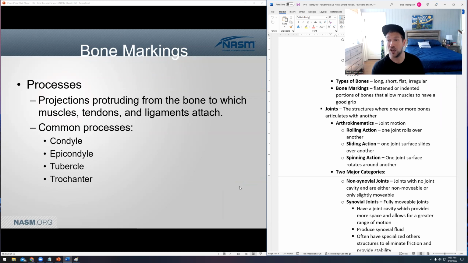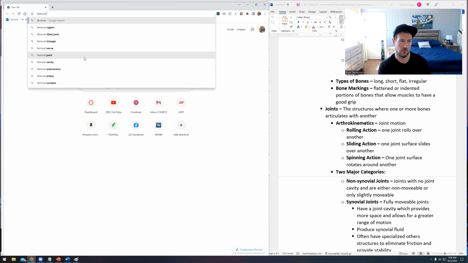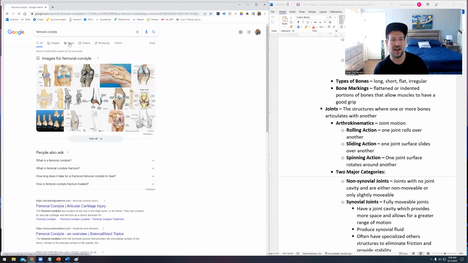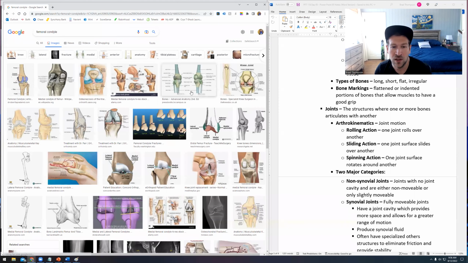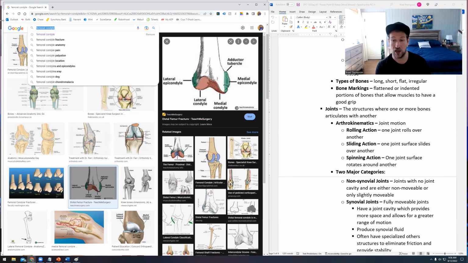Processes are like little projections from your bones, right? So for instance, if you look at your condyles here in your femur, they're little dents, right? They're like these big old dents here. That allows the cartilage here to get a really good grip, right? Or you'll see like what's called a trochanter.